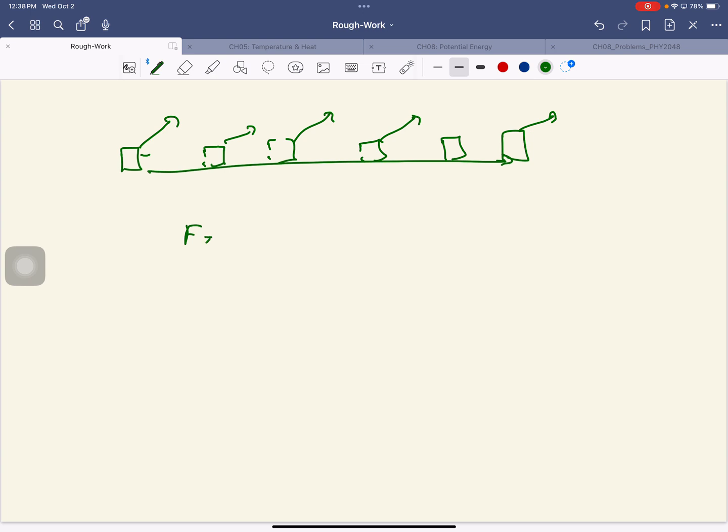So x component of the force, I'm writing it as a function of x, that's the x component of the force at location x times dx. So that's the work done over this piece. You can put subscript i telling you it's over the piece i, and then you sum up all those little pieces. That's the work done over this piece and so on. So that was the work done.